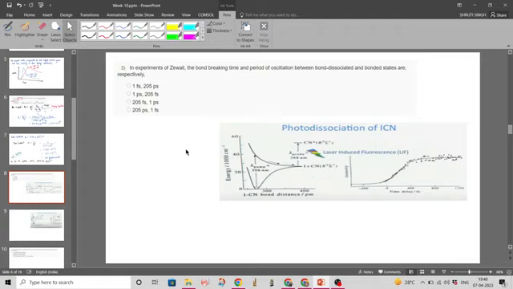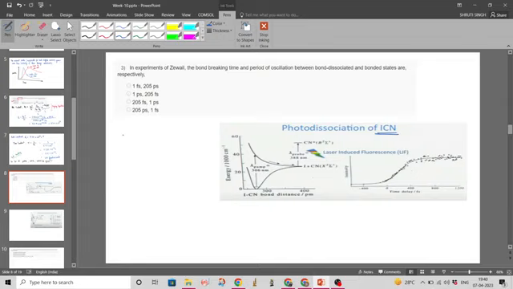So let's look back at the experiments. The experiment which he did is the photodissociation of ICN. So why this ICN molecule? He could have chosen any other molecule which is familiar to us, but this is some strange molecule, ICN. We never work around ICN.